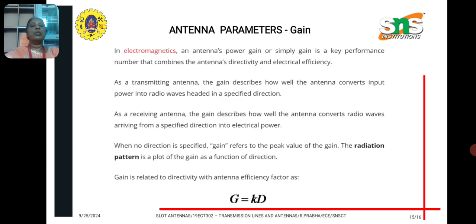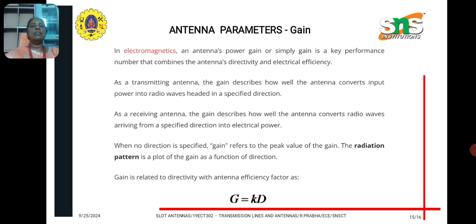And the next important parameter is gain. Antenna's gain or power gain is a key performance measure which represents the antenna's directivity and also its efficiency. As a transmitting antenna, the gain describes how well the antenna converts input power into radio waves headed in a specified direction. And in the receiving case, the gain describes how well the antenna converts radio waves received from a specified direction into electrical power.